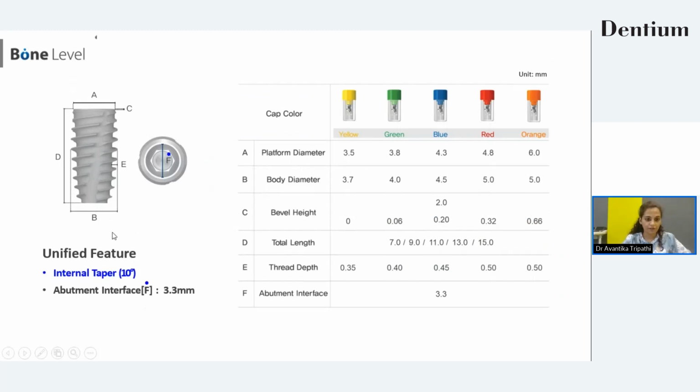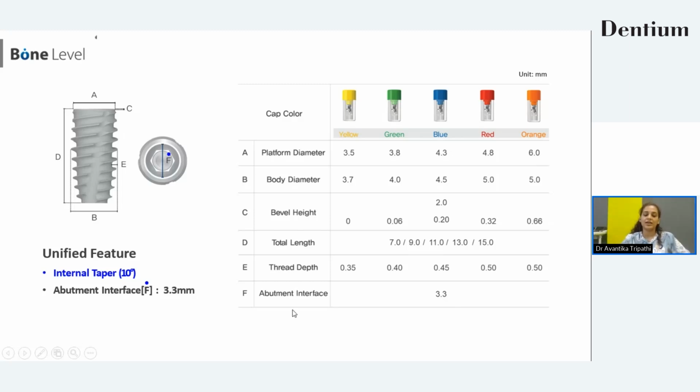The bone level variant has an internal hexagonal connection, and the internal diameter is the same for all implant diameters. The abutment interface, or the internal diameter of the implant, is 3.3 mm, and the diameters available in this bone level variant are 3.5, 4, 4.5, 5, and 6.